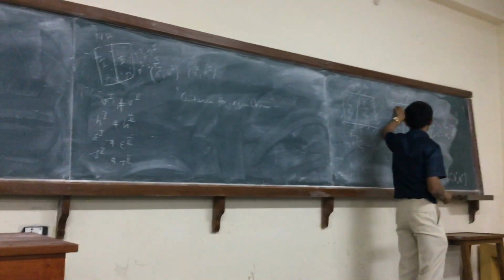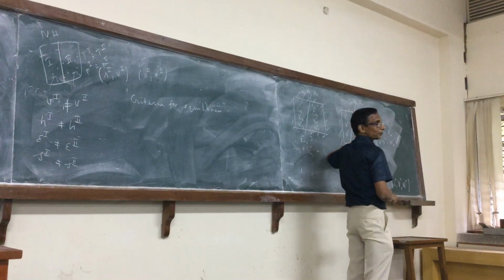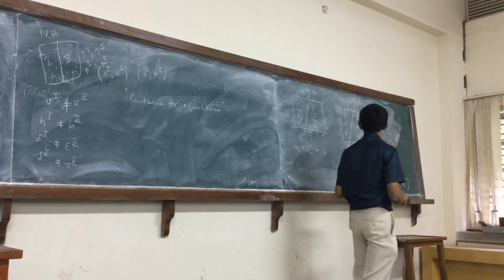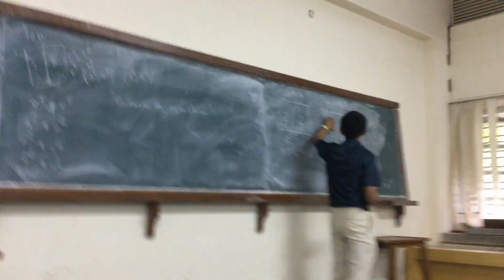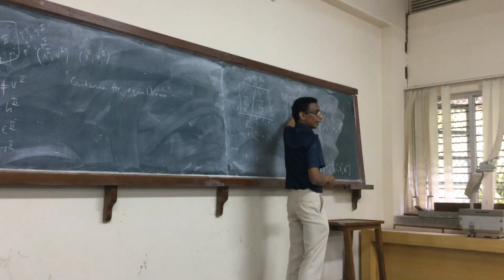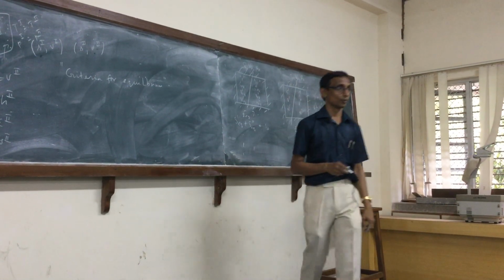I can choose S prime from here and V double prime from here and N prime from here. Maybe we can do it, but yeah, that I can do. But I cannot choose S prime and S double prime as 2 of the variables, and then some other variable. That I cannot do, right?